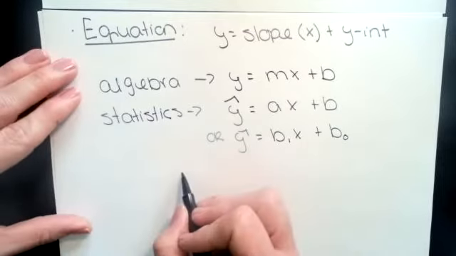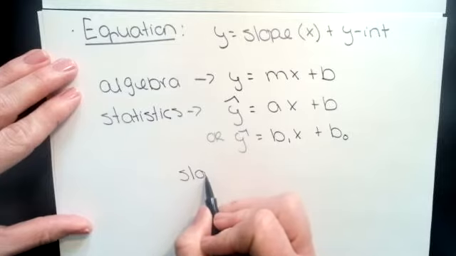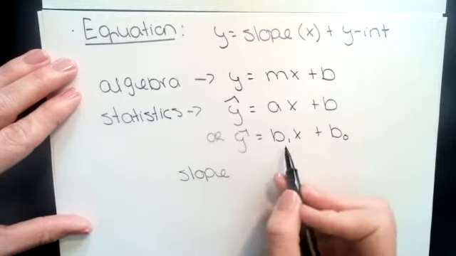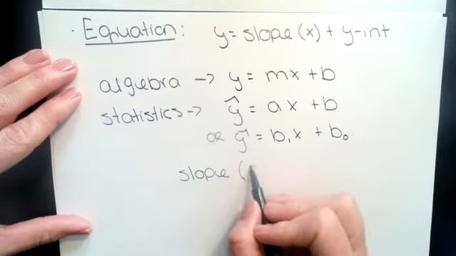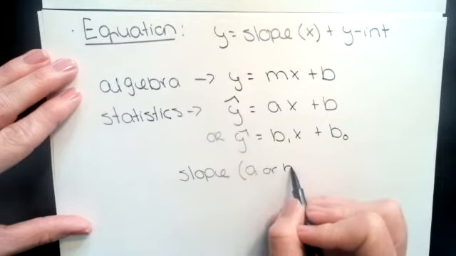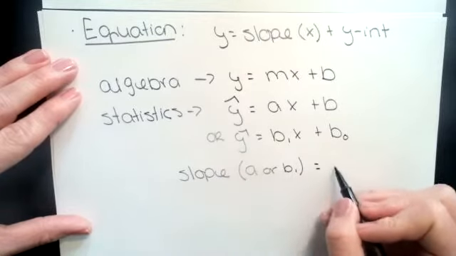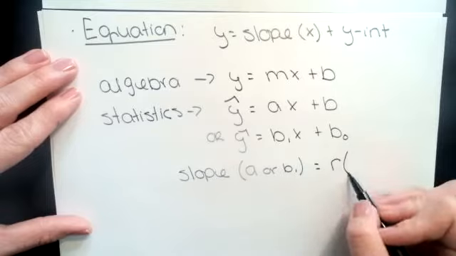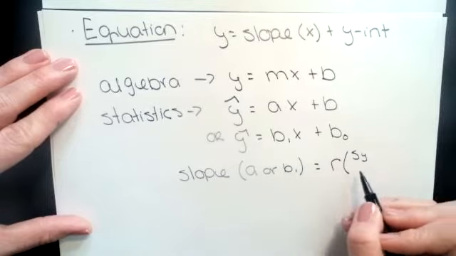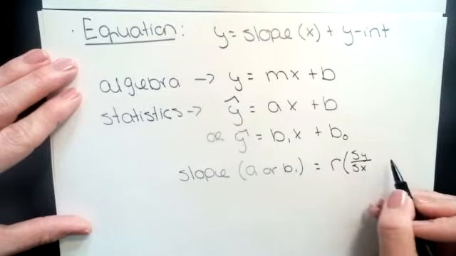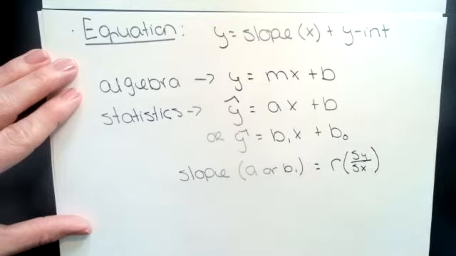So my slope, which here is either a or b1, is equal to my r value times the standard deviation of y divided by the standard deviation of x.